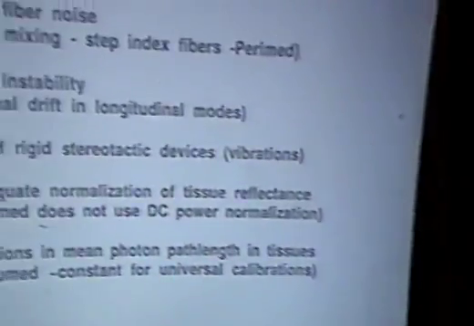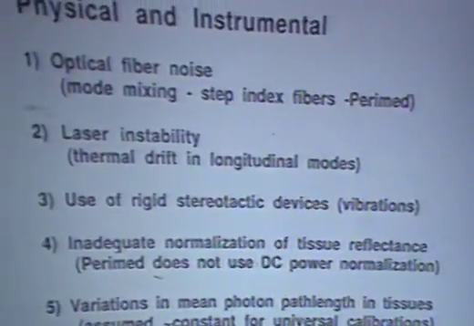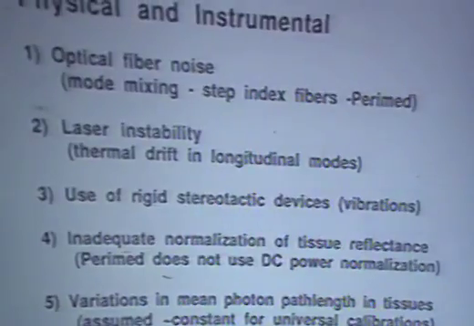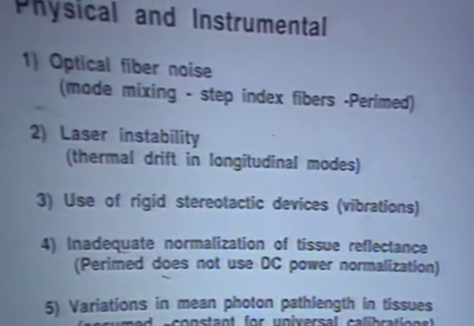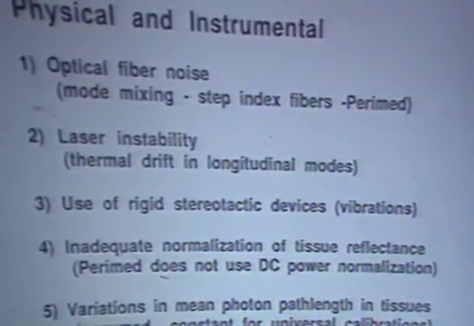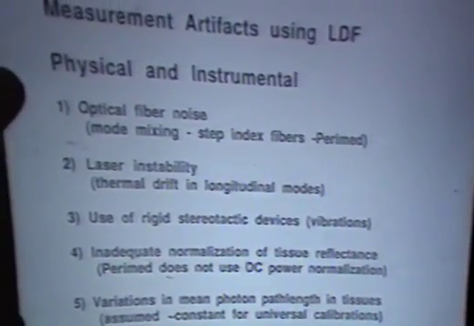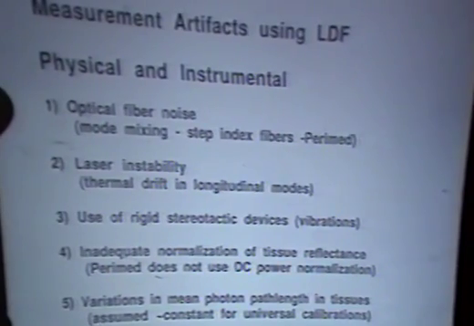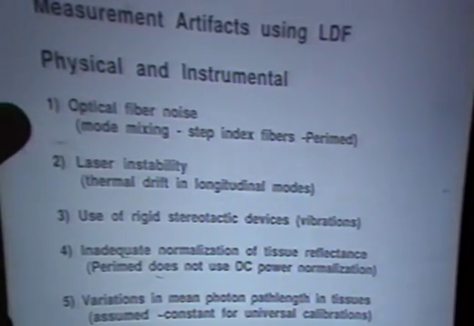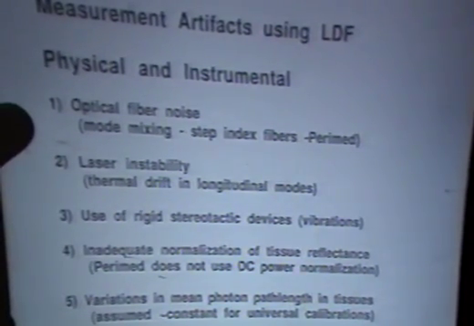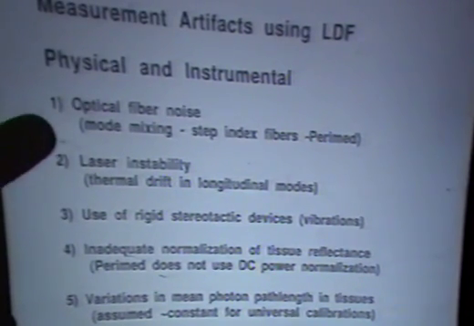Let's talk briefly about the measurement artifacts. This is a very easy technique to make measurements. You get a continuous output. It's also very easy to get data that has artifacts in them that are buried, and you may not be aware of them. There are clearly physical and instrumentational problems, such as optical fiber noise. This principally arises from mode mixing in the fiber.